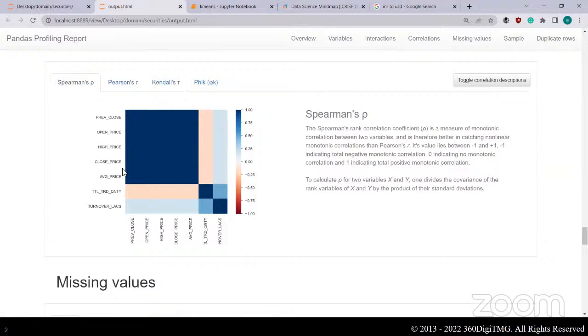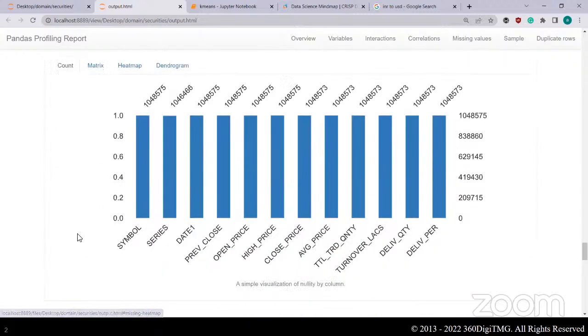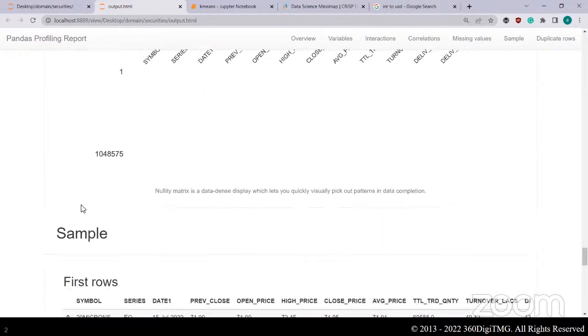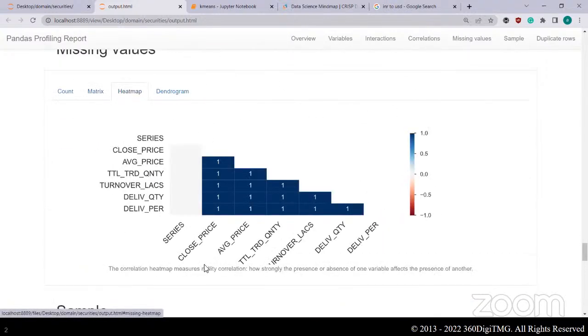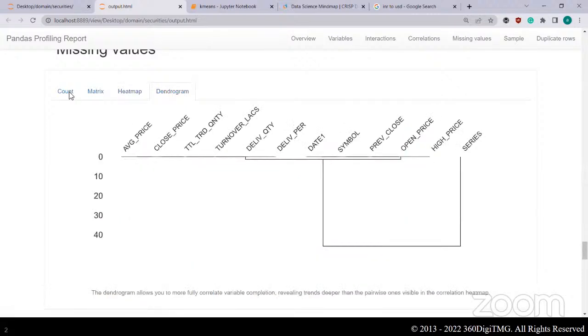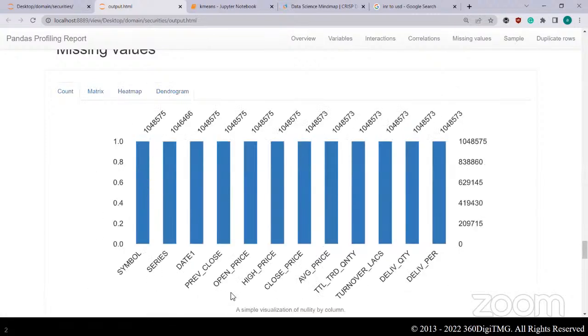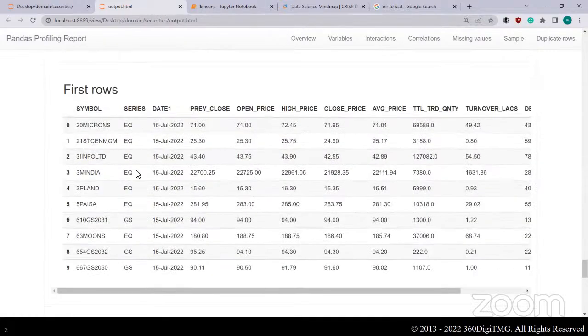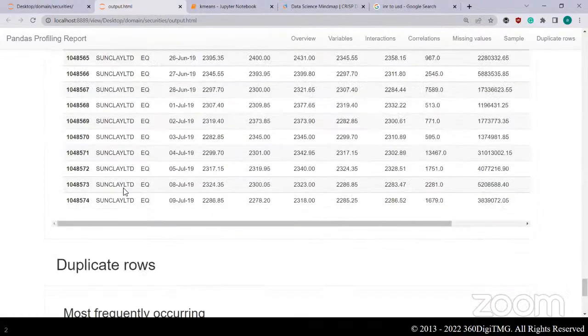All right. And then you can also take a look at the missing values. So you can see how many missing values are there, 1. And it is also going to give you the row number. So this is the first rows, last 10 rows.